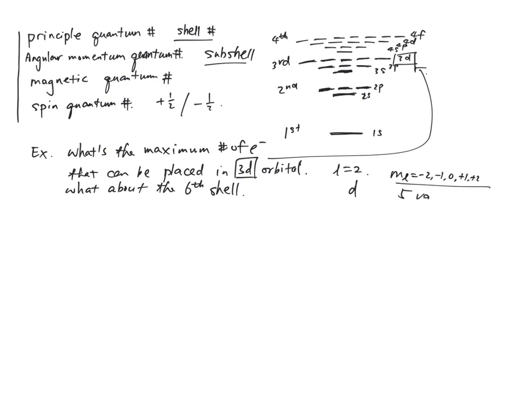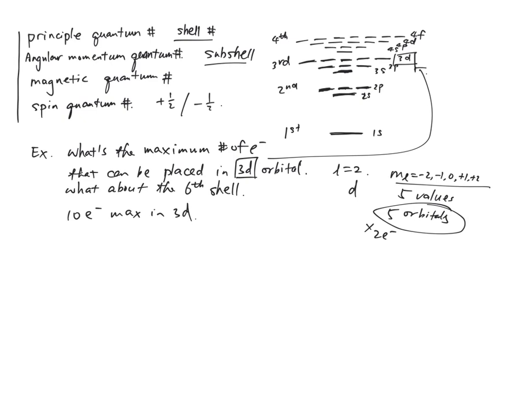That's 5 values, 5 orbitals. So a 3d subshell will have 5 individual orbitals, and each orbital can take 2 electrons at most, so 5 times 2, 10 electrons max in 3d.